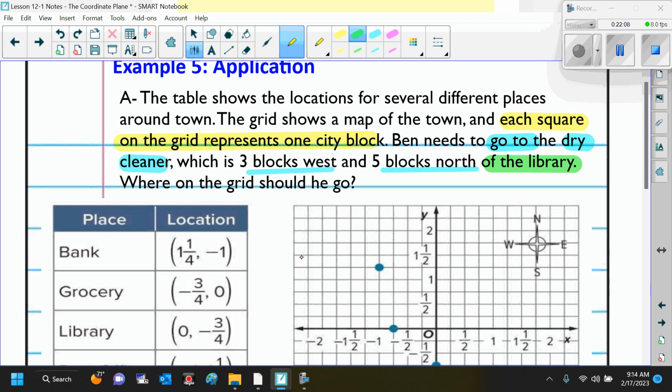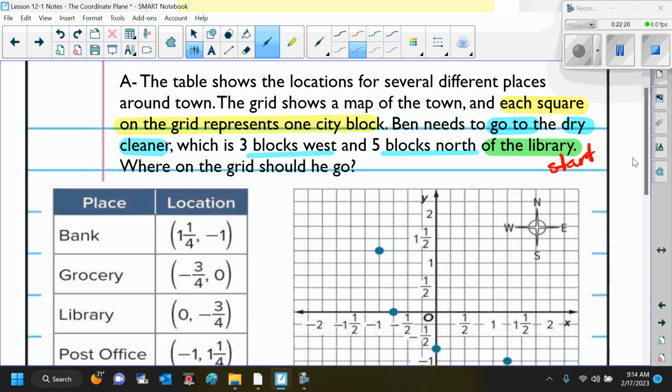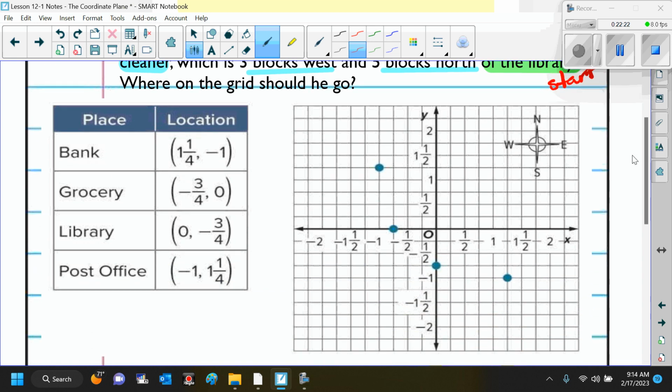So, what do I have to do here? Well, we have to figure out where he's starting from. He's starting at the library. So we're not starting at origin this time. We're starting at the library. So, where is the library? The library is at 0, comma, negative 3/4.